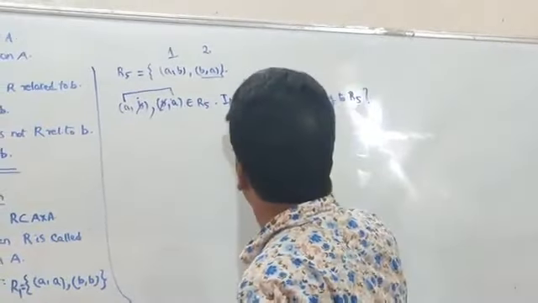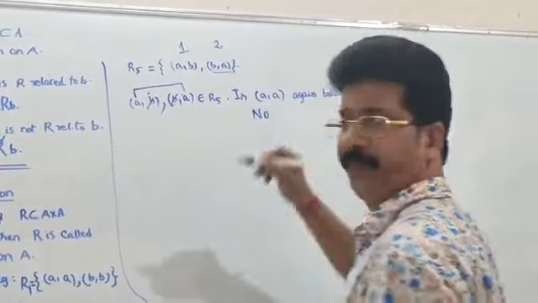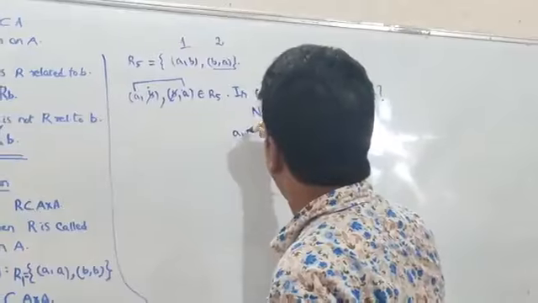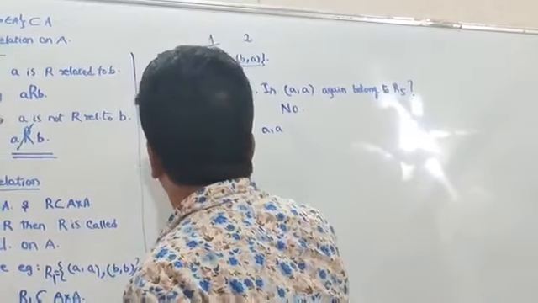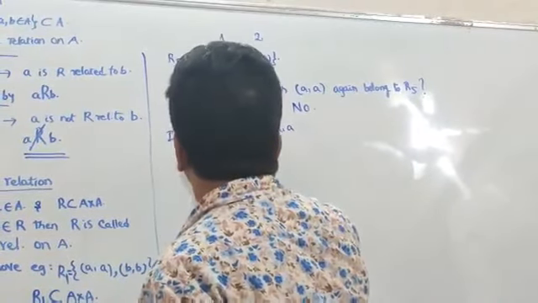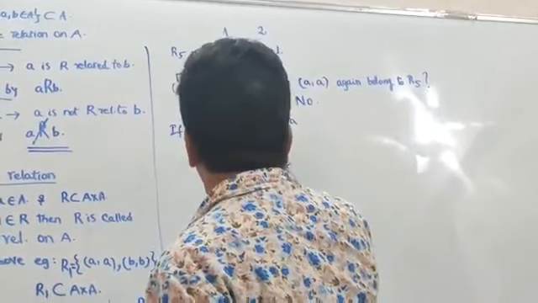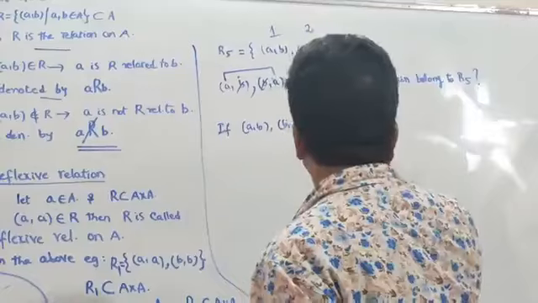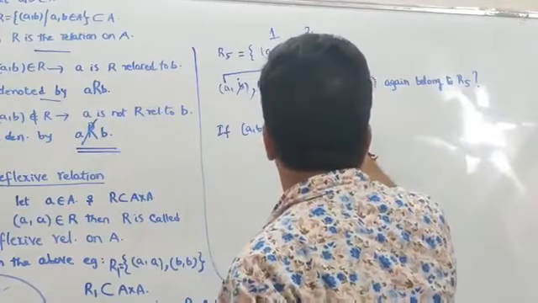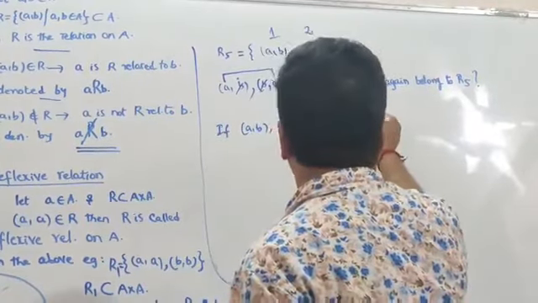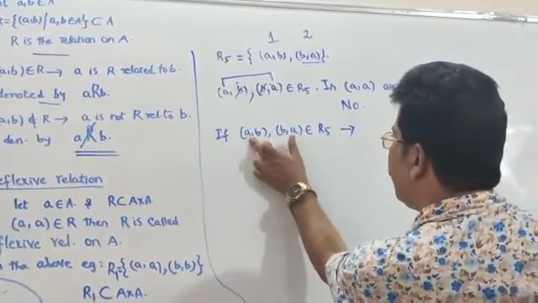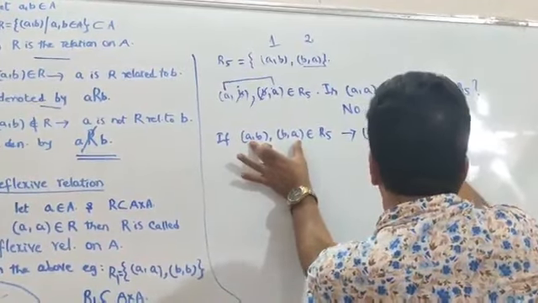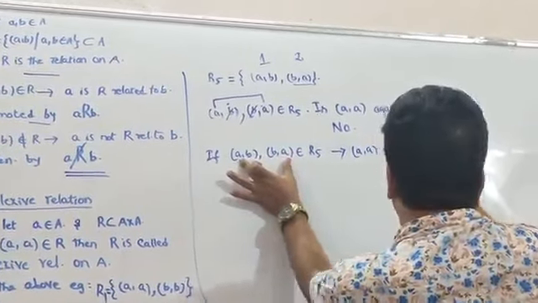Your answer is no. No means what? If A comma B and B comma A belong to R5, then A comma A does not belong to R5.